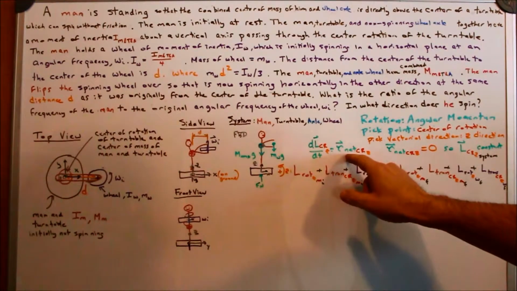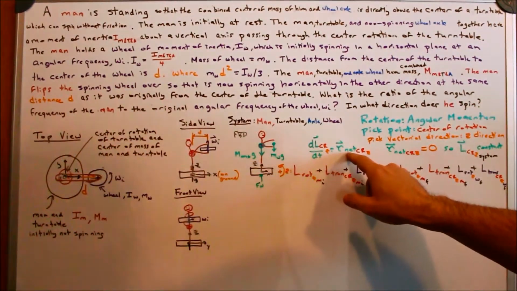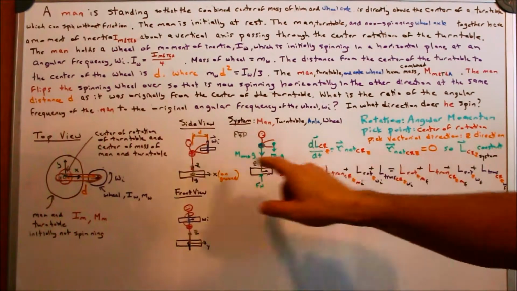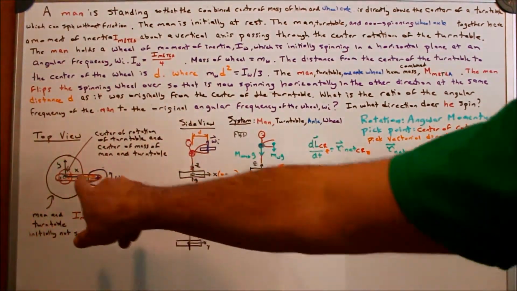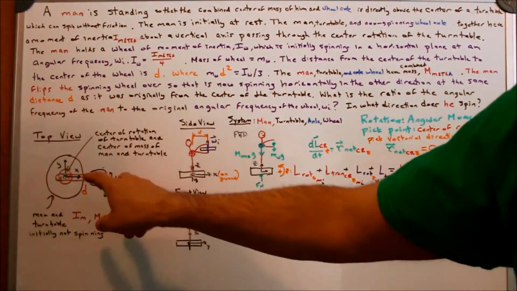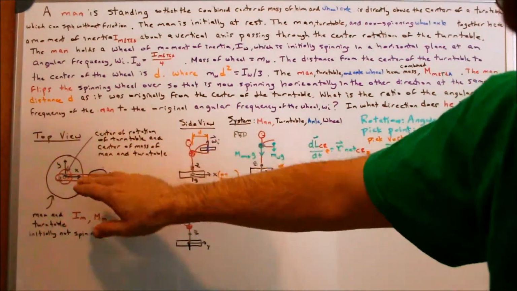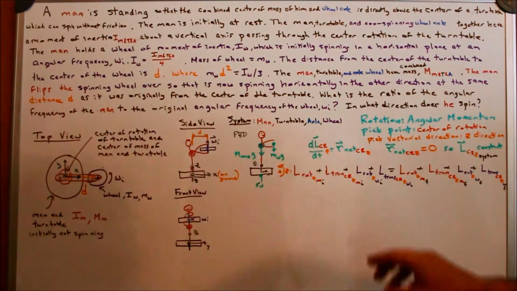So now let's think about forces, and do I have any net torques around the center of rotation in the z direction? Well, all the forces are acting in and out of the board, so there's nothing that's causing a torque. There's no force acting to spin anything in this system.